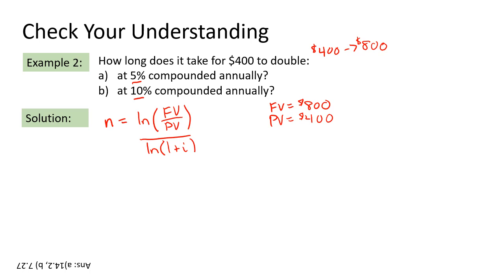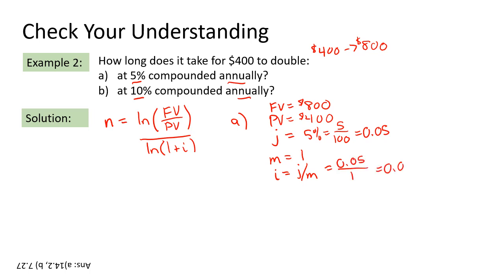Now, we need to solve for the periodic interest rate. So we know in part A that your interest rate is 5%, which is equal to 5 divided by 100, removing the percentage sign, which is 0.05. M in this case is simple, it's just 1, because it's compounded annually, and that's the case for both parts A and B. So your periodic interest rate I is equal to j divided by m, which is 0.05 divided by 1, or just 0.05.